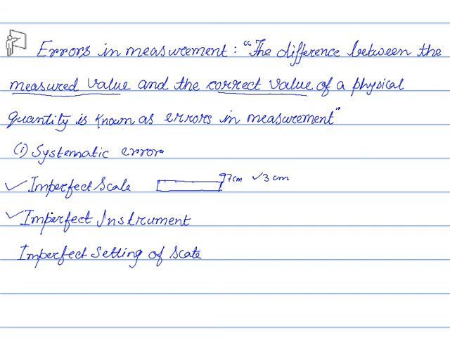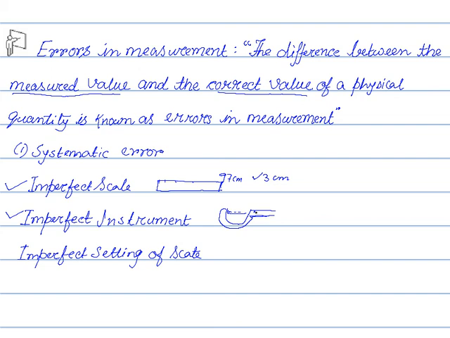Imperfect instrument: the zero error in a screw gauge. A screw gauge is the type of instrument used to find the diameter. Normally the main scale and circular scale readings should coincide when it is 0, but we find that the tip touches and instead of 0 it shows something else.